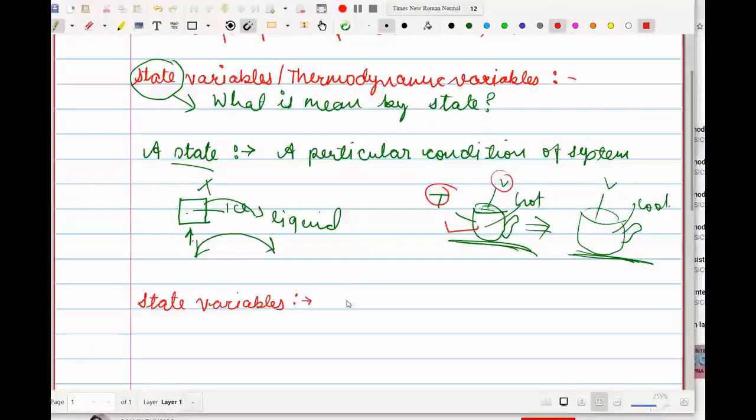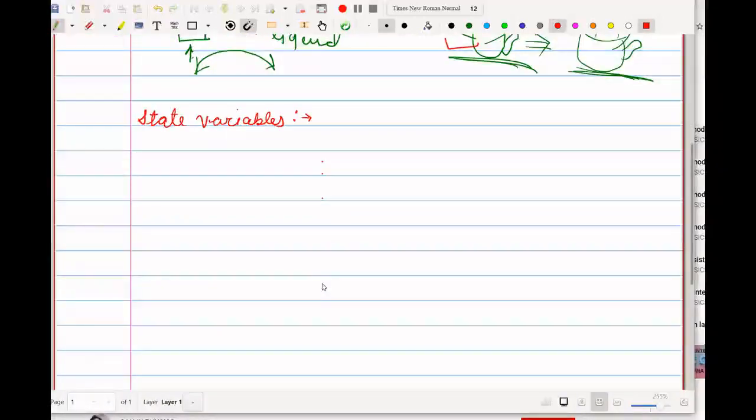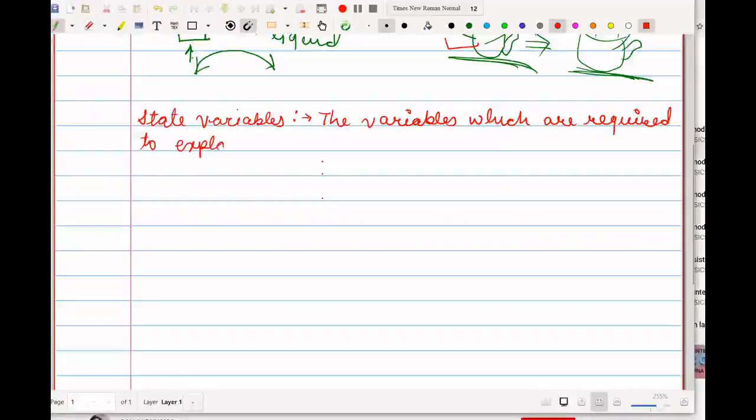We can define them as the variables which are required to explain or describe the state of a system completely.